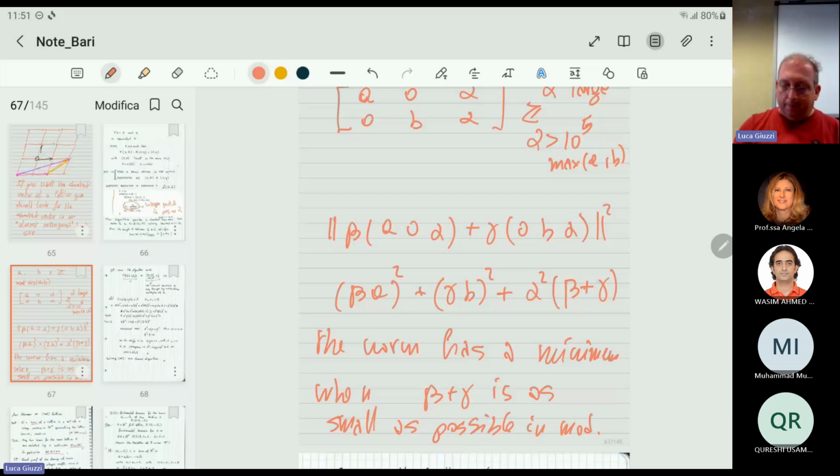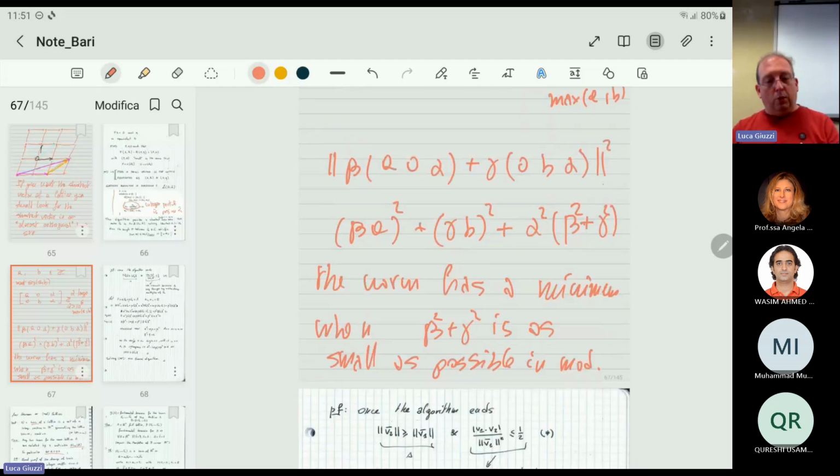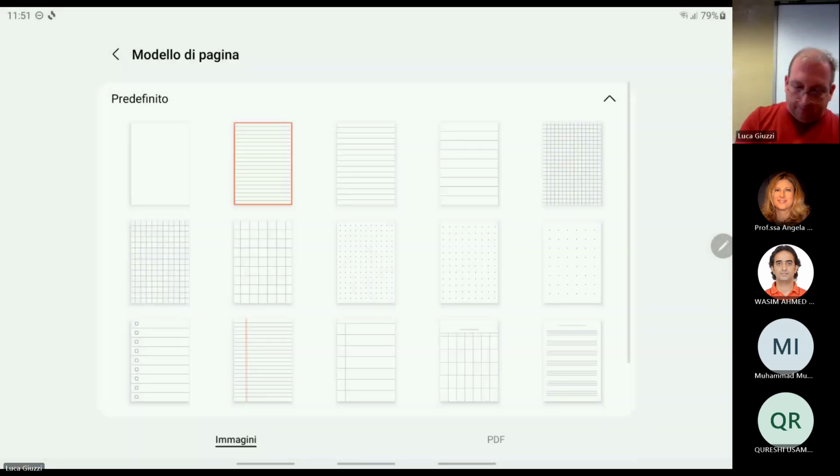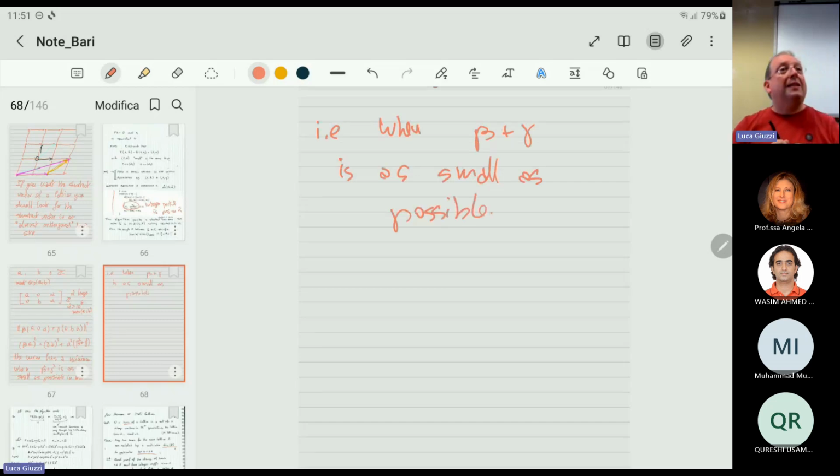But what is the smallest possible linear combination in modulus of two integers?